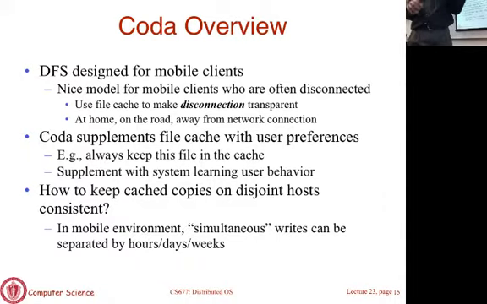So what Coda does is it allows you to keep a copy of the files that are on the server on your local machine in a cache. So you can work on your files in what is called disconnected mode. The simple idea in Coda is machines can get disconnected, but you want users to be able to access their data even if they're disconnected.